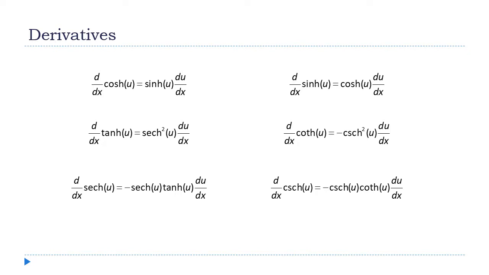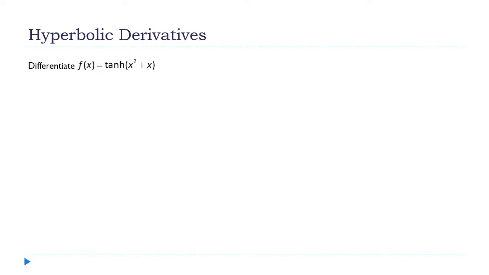Okay, so let's walk through one so you can see. You notice I've used the same du dx notation that I used when talking about the derivative of the inverse trig functions. The idea here is, what if we have the hyperbolic cosine of some function instead of just x? Let's take a look at an example. I want to take the derivative of this thing. What is f prime of x?